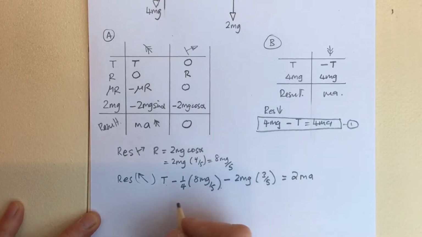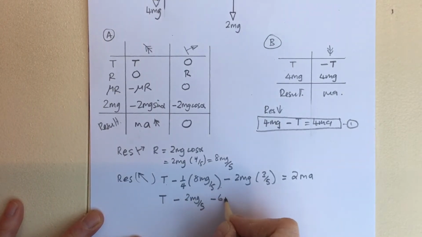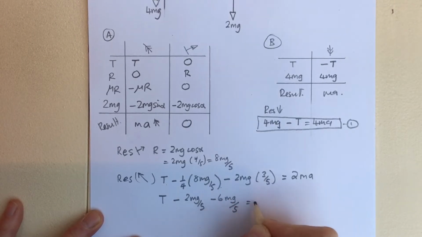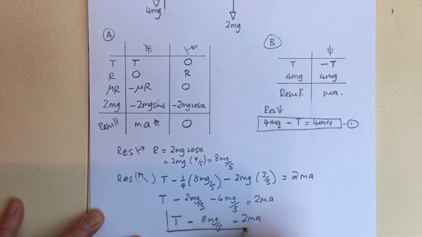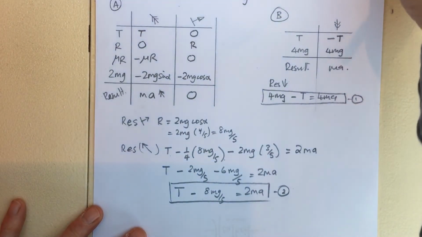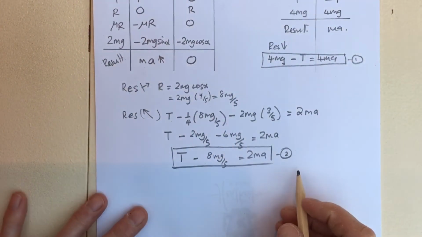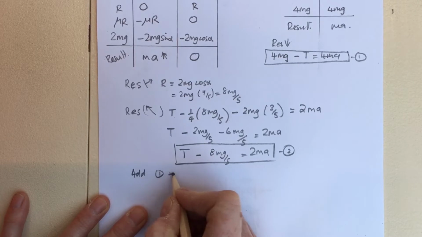So then we need to simplify, so we would have T minus 2 mg over 5 minus 6 mg over 5 is equal to 2 ma. So T minus 8 mg over 5 is equal to 2 ma. I'll call that equation 2. In order to find my acceleration, I'm going to eliminate T, so I'm going to add equations 1 and 2 together.